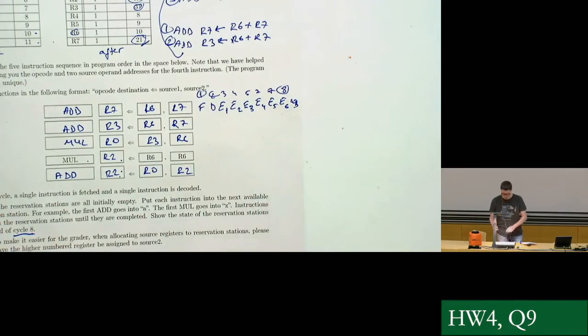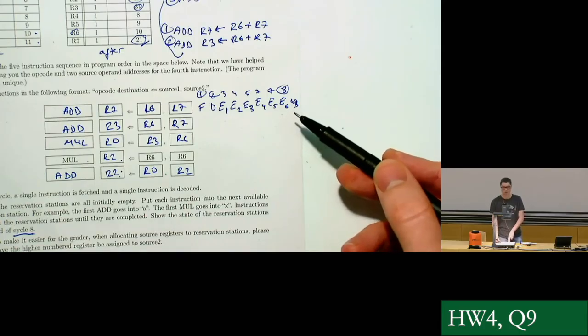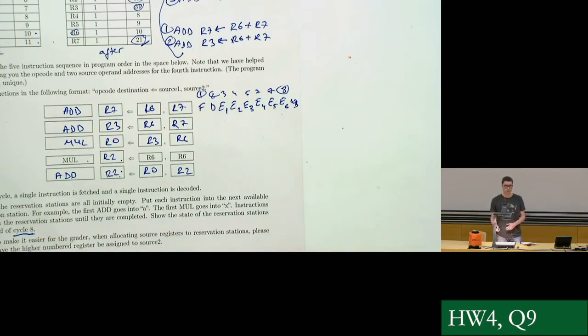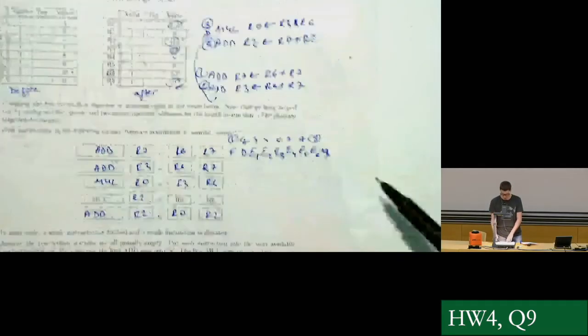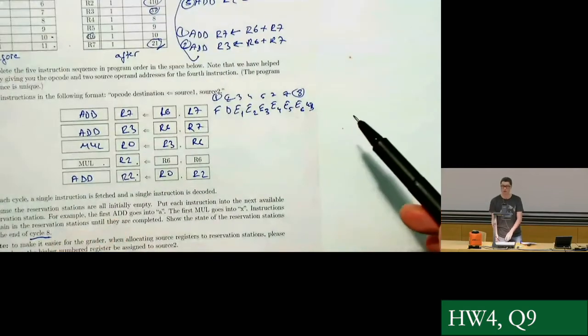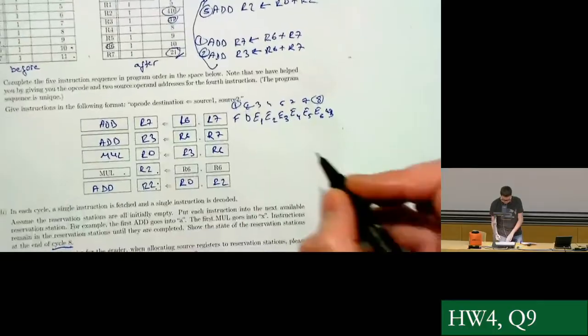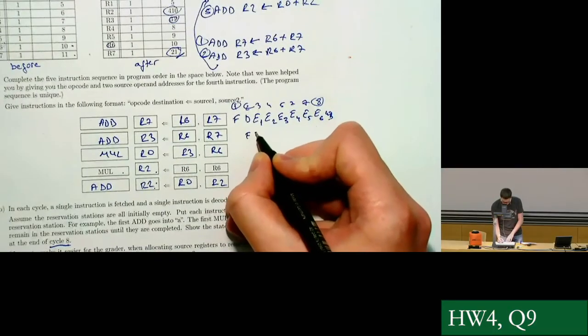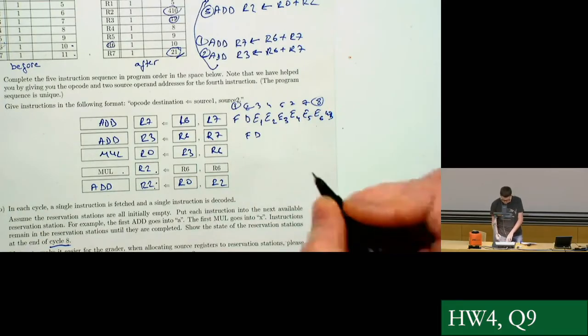Okay, so cycle 8 is where we are in the last stage of execution for the first instruction. So at the end of cycle 8, we have no updates in the register table, right? In terms of final values here, because we didn't perform any write back yet for any of the instructions. But what happens is, we have enough time until cycle 8 to fetch and decode all the instructions here.